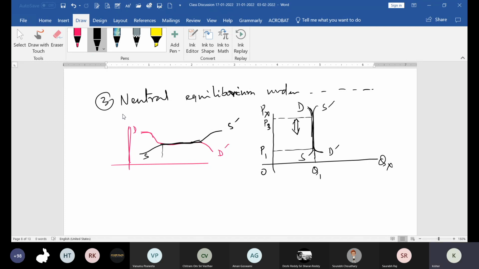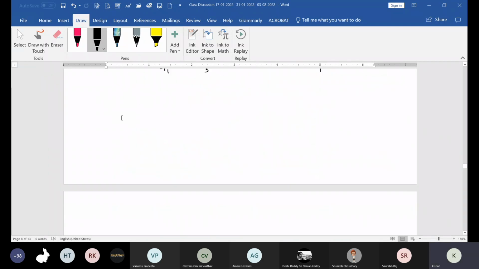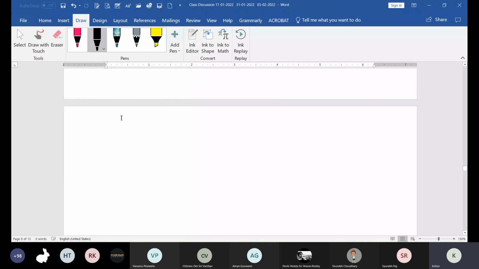So in this range of quantity, although say Q1 or Q3, suppose equilibrium quantity may change, but there is no change in equilibrium price. Equilibrium price remains same. Because of that, it is called neutral equilibrium. Okay, clear? Now I am moving on to your equilibrium under dynamic condition.